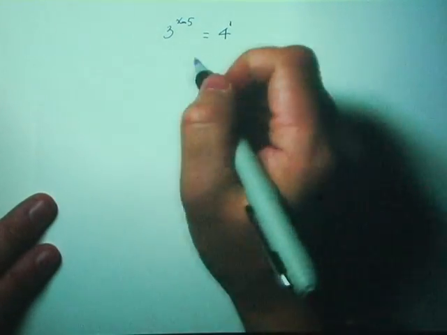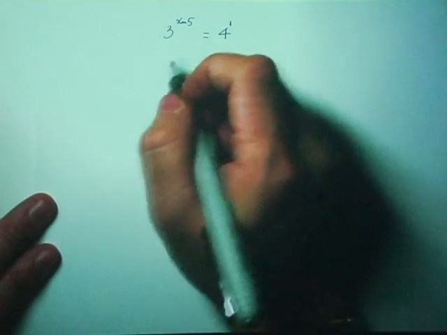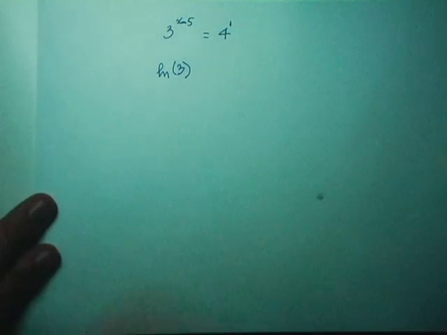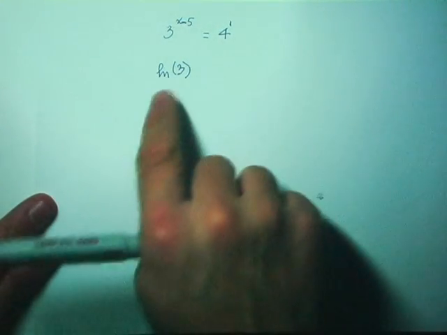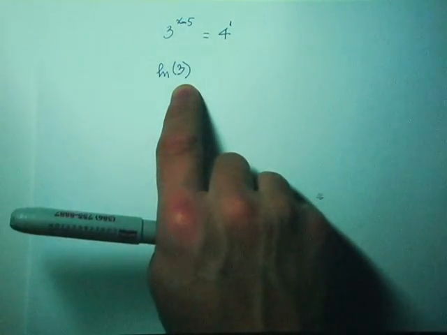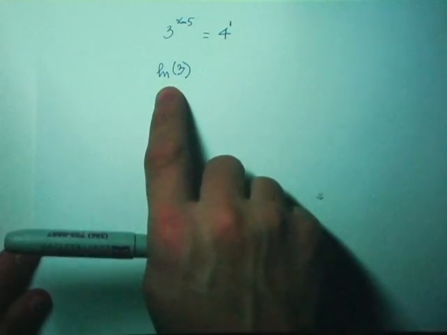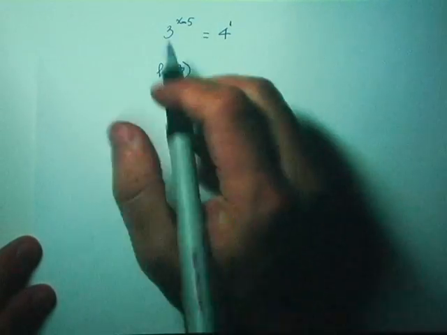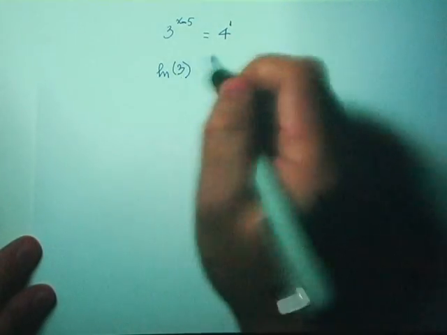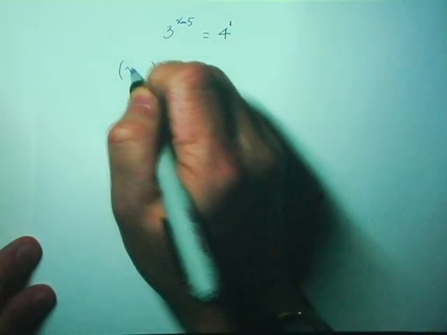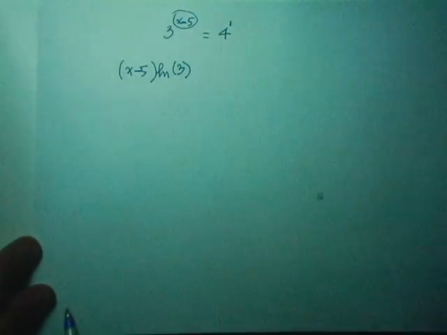So what I can do is simply rearrange the equation. I'm taking the natural log of 3, just 3, on the left-hand side, and I multiply that. Now keep in mind, natural log itself is an existing number. I do agree that it doesn't have to be a nice looking number, however, it is an existing number out there. So I'm taking the natural log of 3, whatever that quantity is, and I multiply that quantity to x minus 5, which came from the power of the left-hand side.